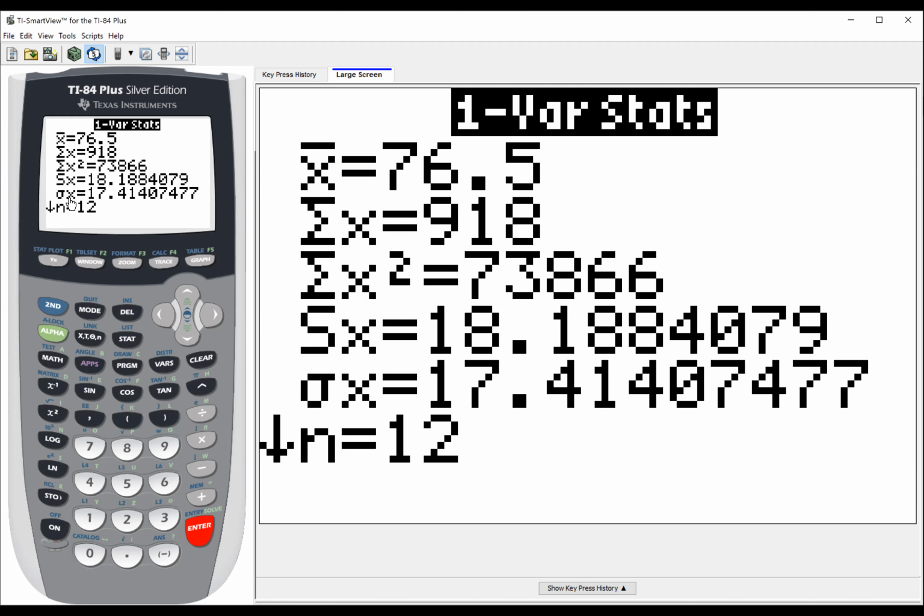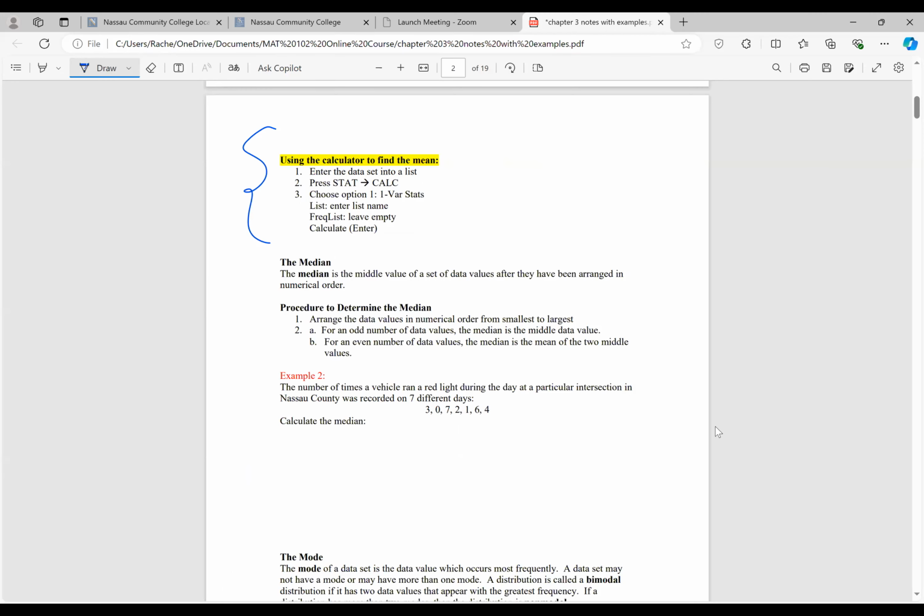But if you were doing a problem where you need to find the population mean, mu, you would use the same steps and you would use X bar as mu. So that's how we would find the mean using the calculator. Now, going forward, when we calculate the mean, I'm going to keep using the calculator. There's really no reason why we have to do it by hand every time.